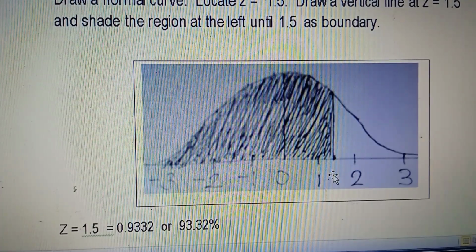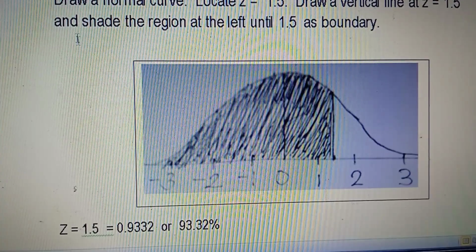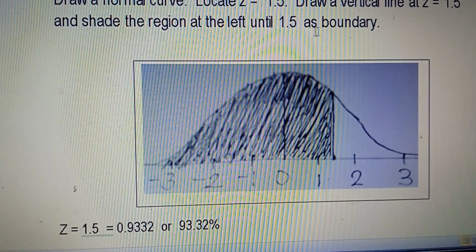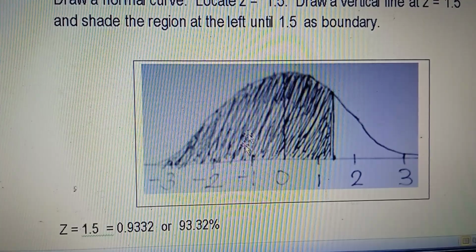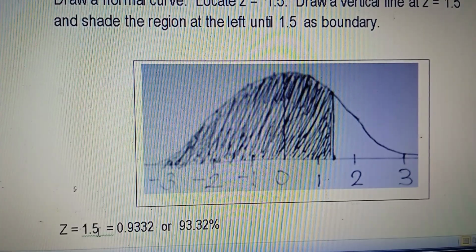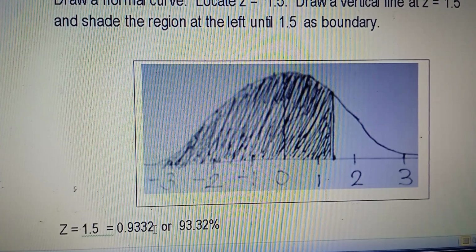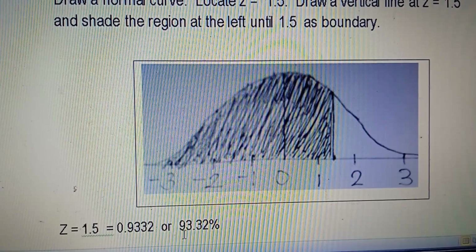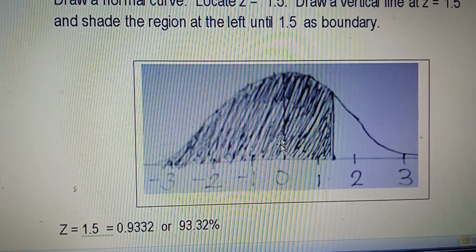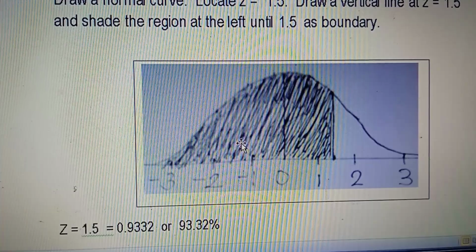Draw a vertical line at z equals 1.5 and shade the region at the left until 1.5 as the boundary. Shade this one and go to the z table. z equals 1.5 gives 0.9332 in the z table, or that is 93.32% of the entire area of the normal curve.